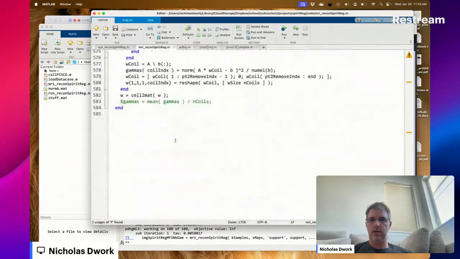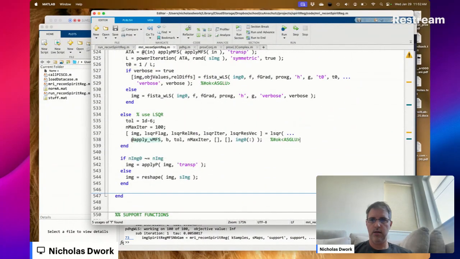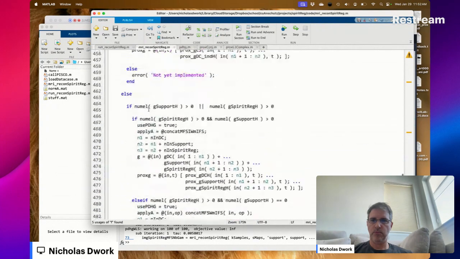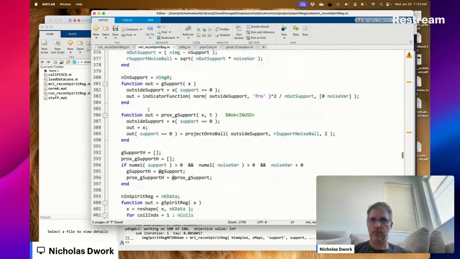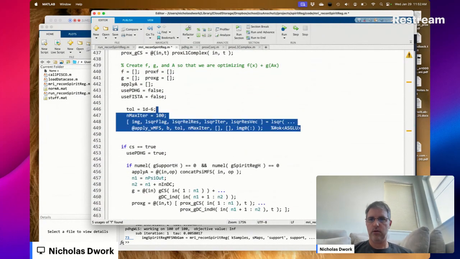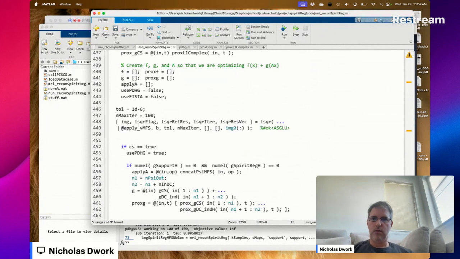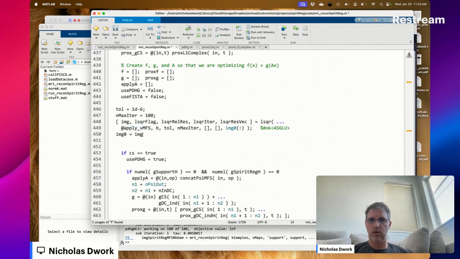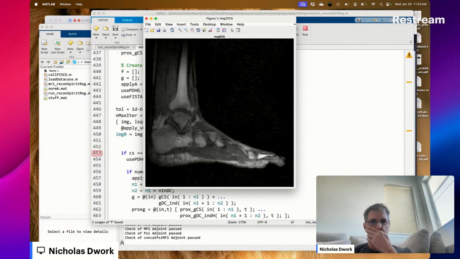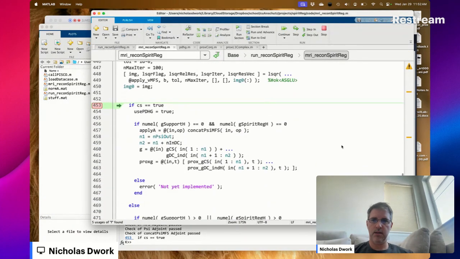Okay, we're going to do the warm start thing again. I want to see what the soft thresholding does.